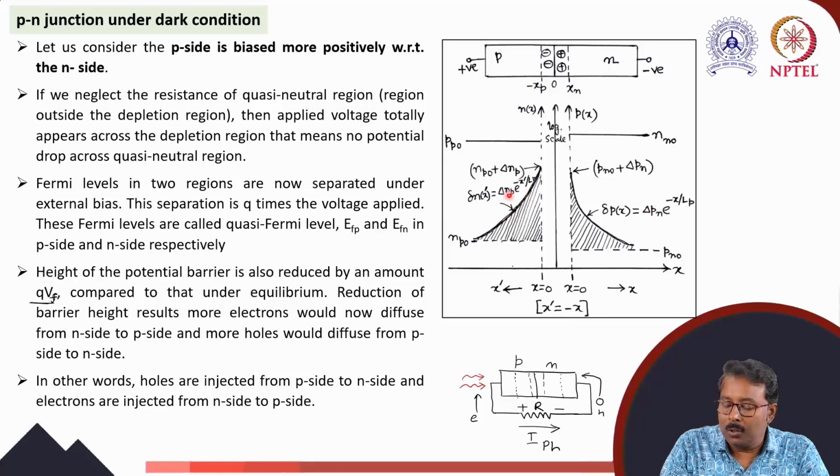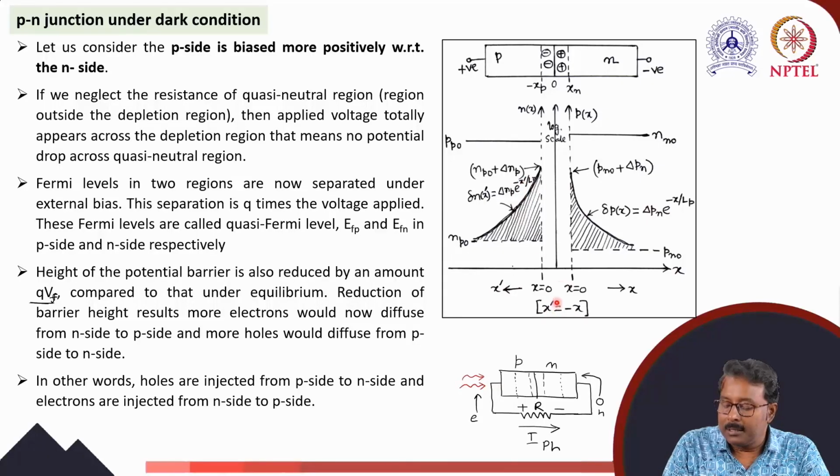And this also decays exponentially, and if you observe the expression, there is delta np, some constant maximum value, times e to the power minus x dash by Ln. X dash by Ln, it decreases, but if you put the x dash value, this will be minus x.